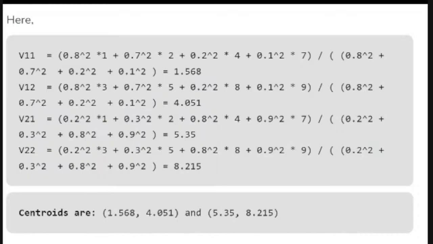Next assumed value is 0.7 into 2 plus 0.2 whole square into 4 plus 0.1 whole square into 7, divided by 0.8 whole square plus 0.7 whole square plus 0.2 whole square plus 0.1 whole square. Calculate V11.